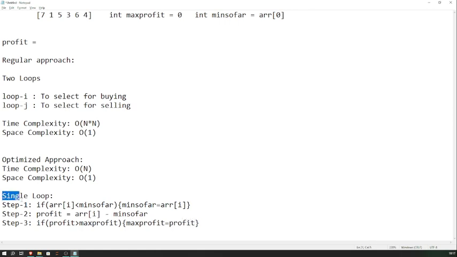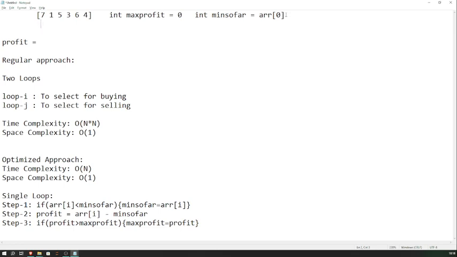So these are the simple steps. Minimum so far will be initially arr of 0, the first element of the array, and then we will find profit, update maximum profit, and keep on doing this.